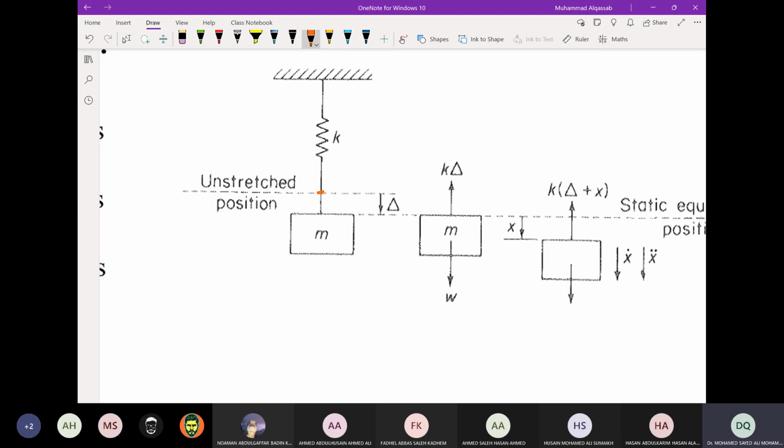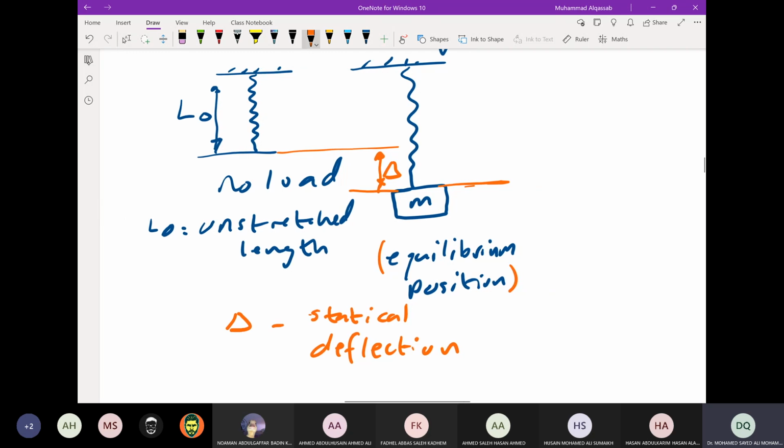You are not allowing the system to oscillate under free vibration, just holding the mass until it reaches the equilibrium position. Then the spring will be longer because it is under tension, and it will have a change in length, which is going to be delta. So the new length is L, and delta equals L minus L0, the change in length.